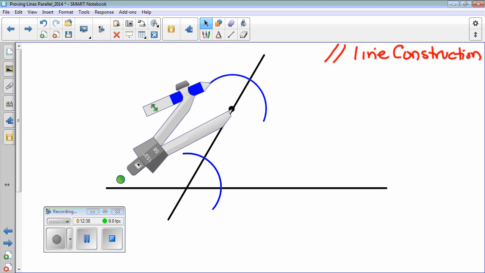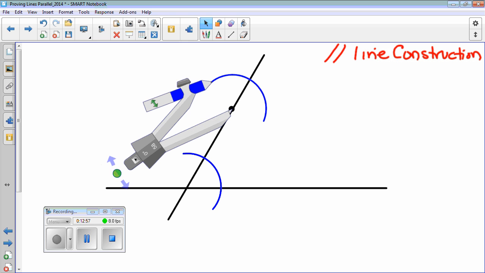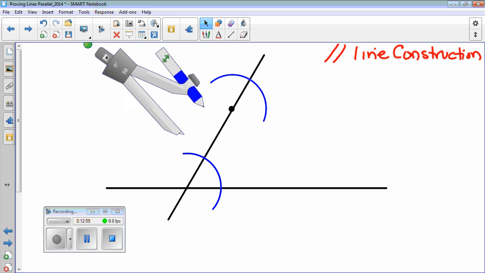Now, if we remember how to copy the angle from our earlier construction that we did several weeks ago, we have to measure the width, so to speak, or how far apart the bottom angle is. So I'm going to take my compass. Watch how I turned it this way.